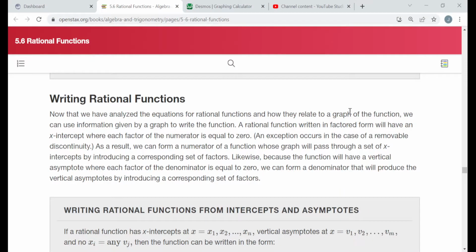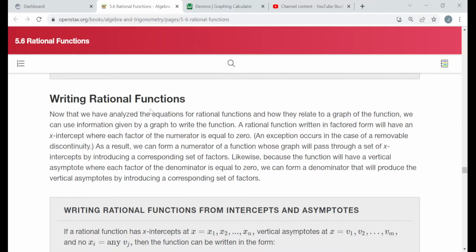Each example I'm going to be doing in this video is taken directly from a free online textbook at openstax.org. I'm in their Algebra and Trigonometry text, section 5.6, called Rational Functions, under the heading Writing Rational Functions.